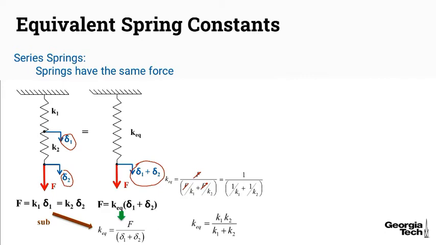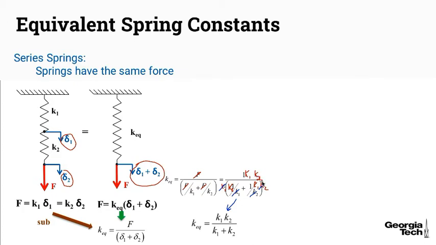And so K equivalents on the left-hand side. On the right-hand side, if I multiply the top and bottom by K1, K2, the K1 cancels here, the K2 cancels here, and so I end up with K1, K2, whoops, this should be K2, right?